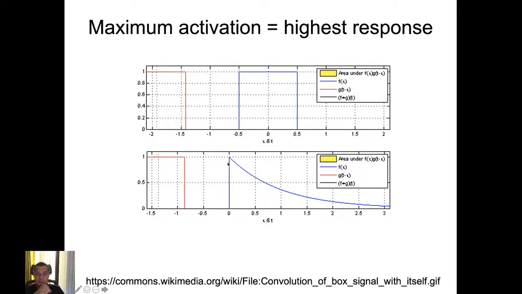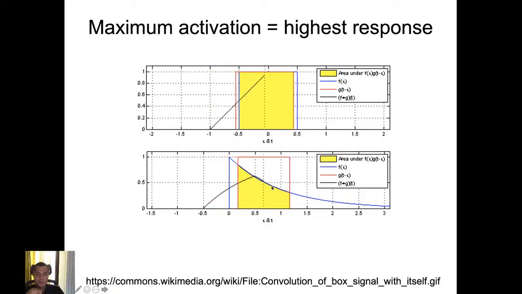If applied on a different signal, we will see that the activation, the function resulting after the convolution, depicted in black, has the highest response at this point, and here too, when the blue shape has about the same shape as the filter. So it's somewhere around here.